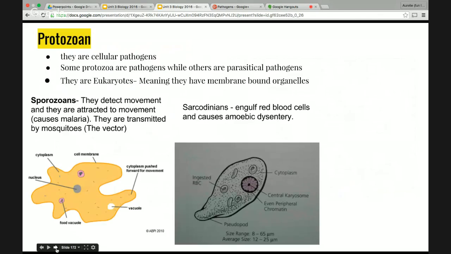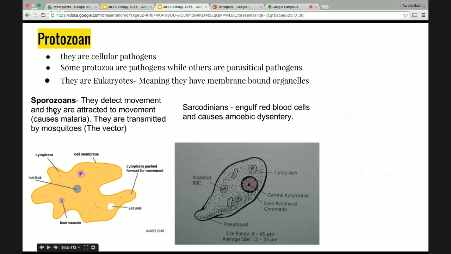All right, the next organism we are going to look at are protozoan. Protozoan are cellular pathogens, which means they are cells and they are alive. They are actually eukaryotes, which means that they have membrane-bound organelles. A few examples of protozoan that cause disease are sporozoans.